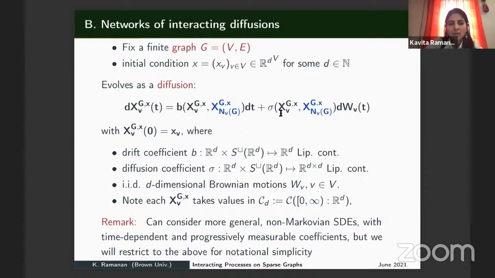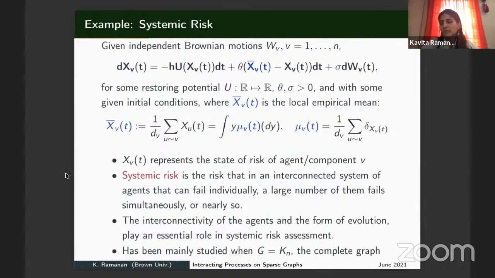Now you have networks of interacting diffusions, and these sorts of models arise in neuroscience, but also in systemic risk in math finance. For instance, here you consider independent Brownian motions driving this process, and each X_v represents the risk of a particular agent or company.